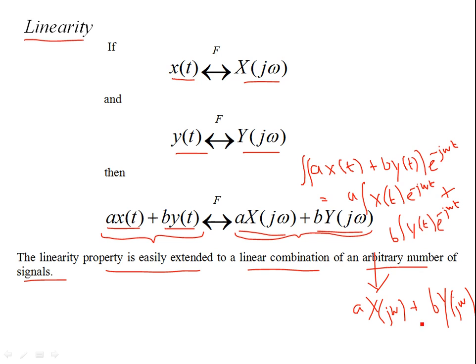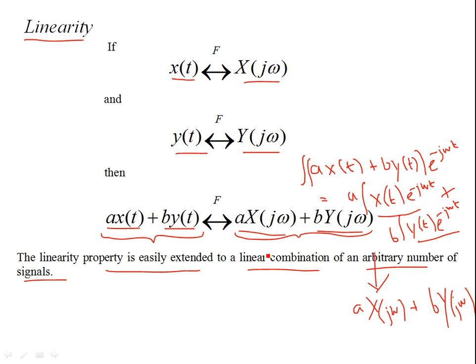So this is a X(jω) plus b Y(jω), and there is no reason you can't go on expanding this linear combination, for example plus c z(t), which gives plus c Z(jω). The integration is a linear operation, so you can have as many separate integrations as you like, and those are transforms like this, for example this is X(jω), this is Y(jω).